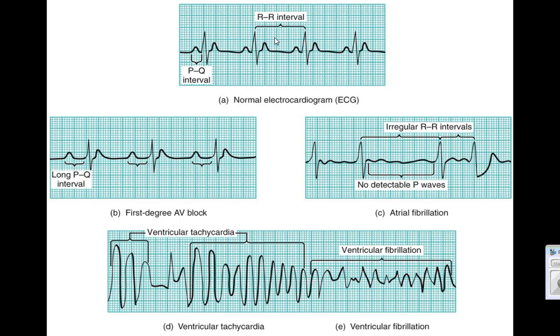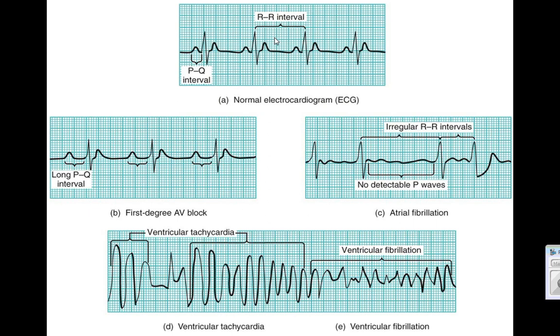Here we have several figures demonstrating issues with an ECG. The letter A there is a normal ECG. We have a first degree AV block. This is something I'm not really going to get into, but you can see there's a longer PQ interval than what it should be. Atrial fibrillation, AFib, as a lot of people will call it, will show up as no detectable P waves and irregular RR intervals.